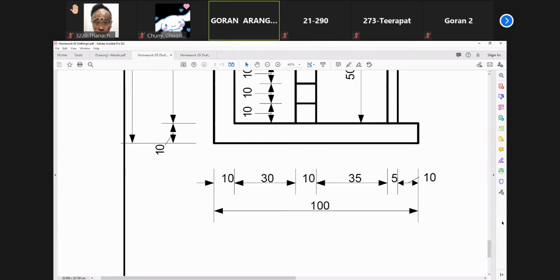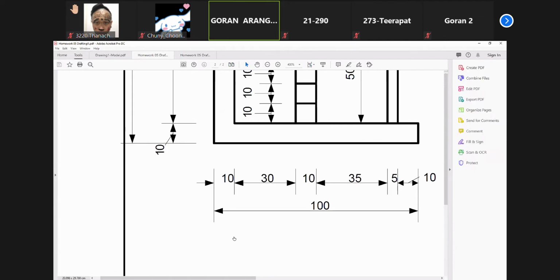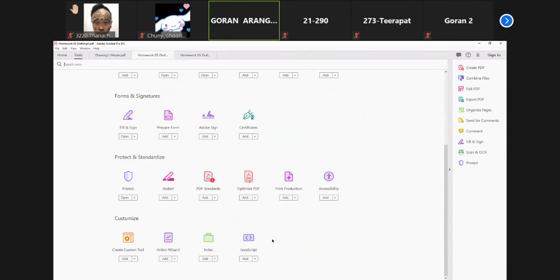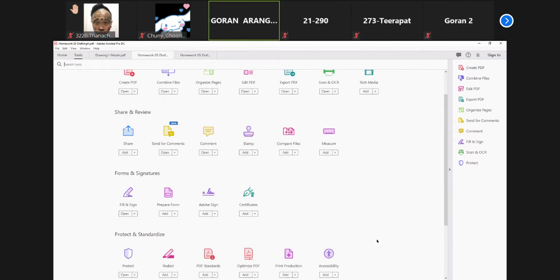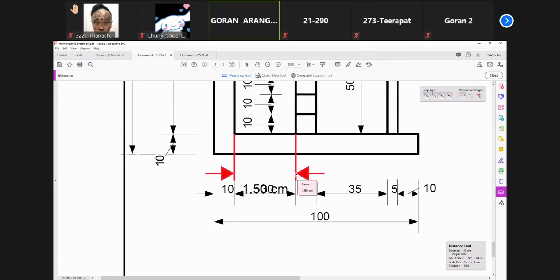Now if I use and measure on my paper, sorry, if I try and measure the distance from here up to here, you will see that on the paper it is 1.5 centimeters.